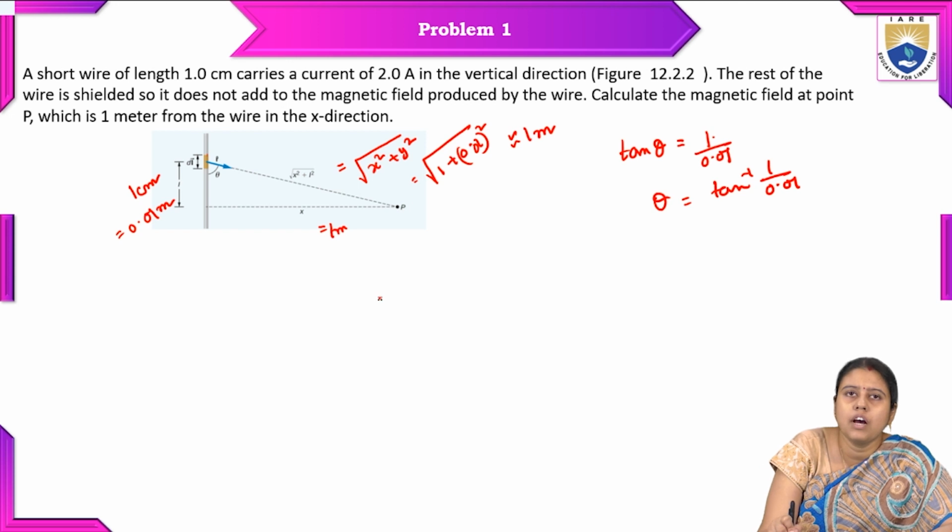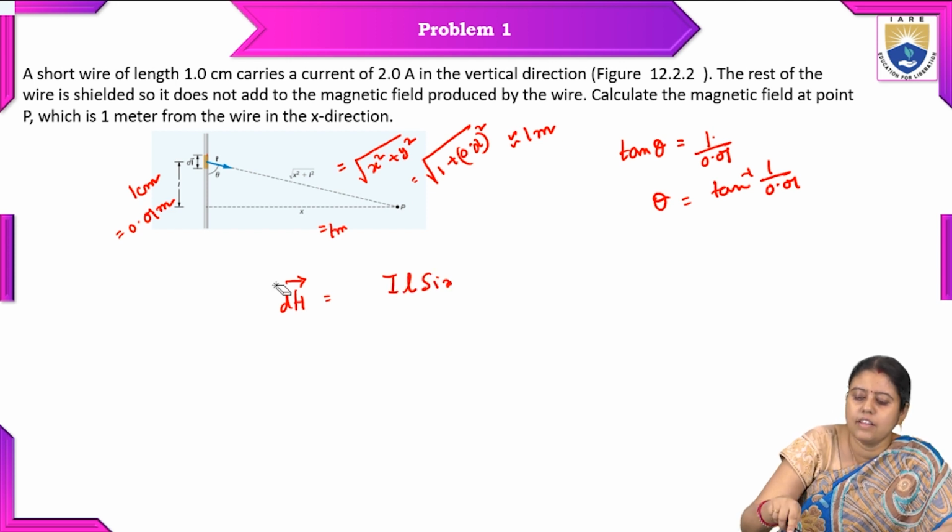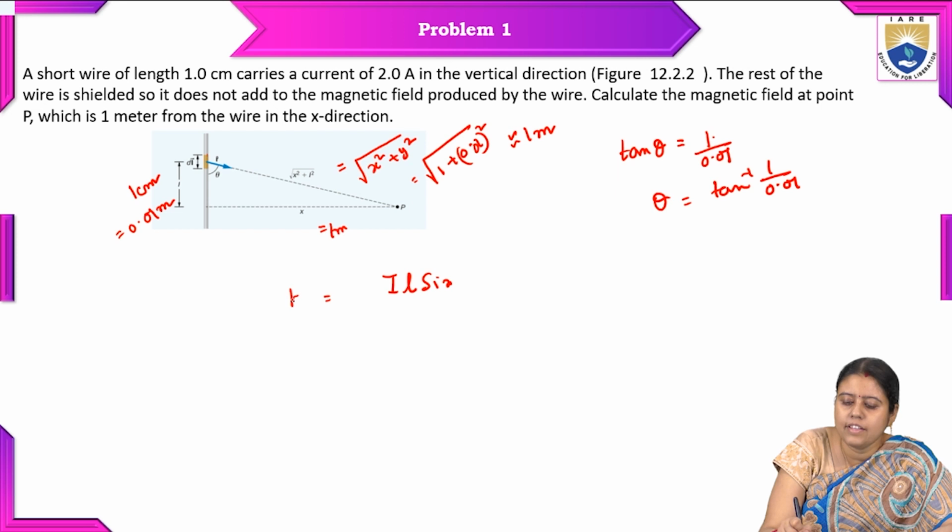Now according to Biot-Savart's law, dH is equal to I dl sin theta by 4 pi r square.